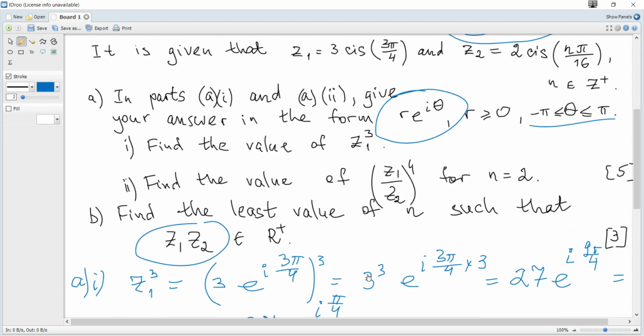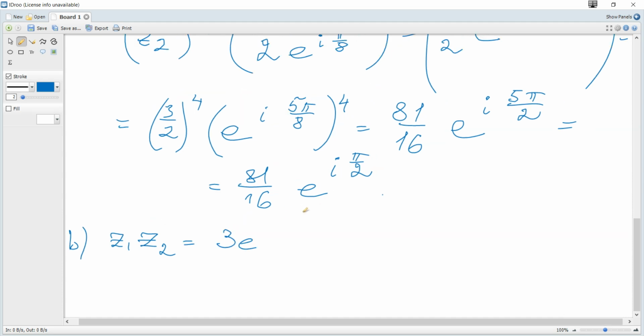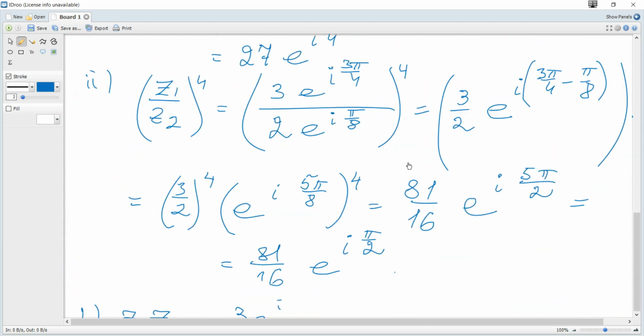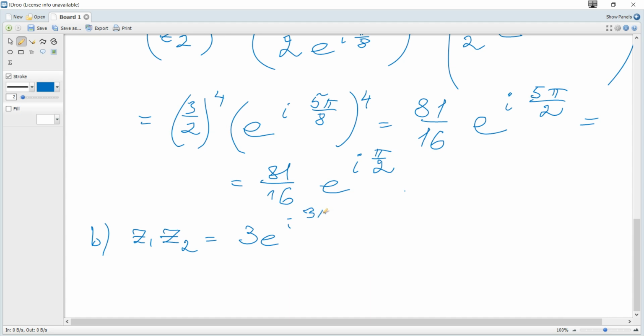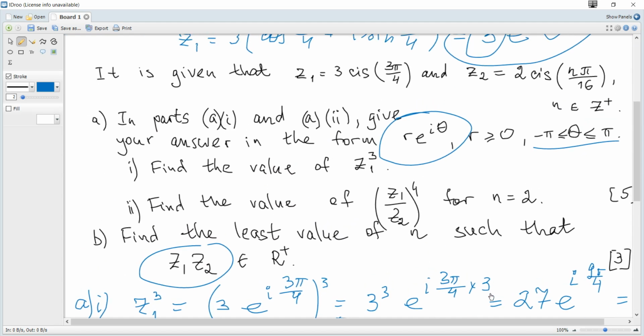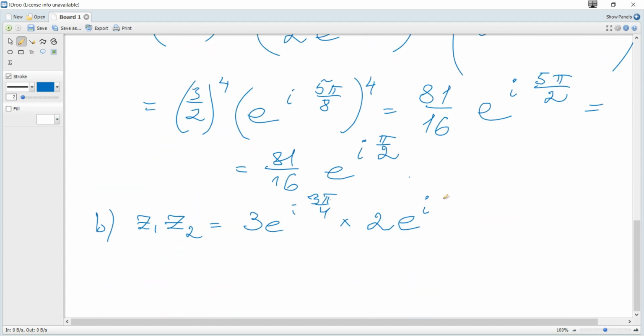So this product becomes 3, and again I consider the Euler's form first, so it becomes 3e to the power of i 3 pi over 4 multiplied by 2e to the power of i n pi over 16.